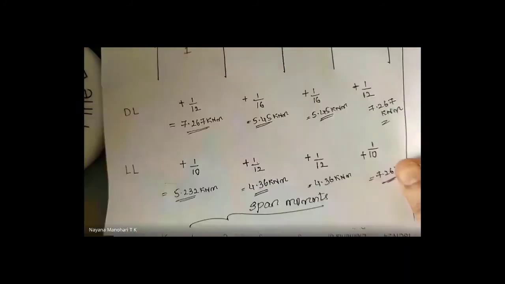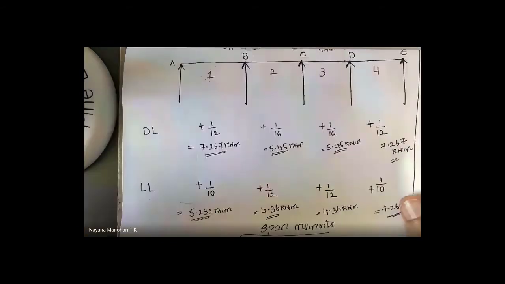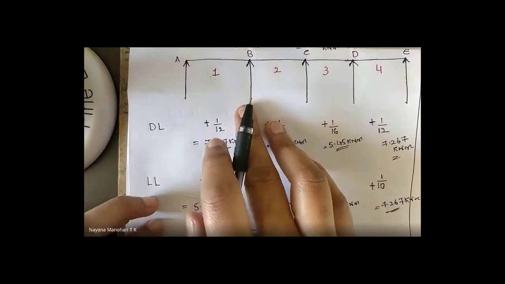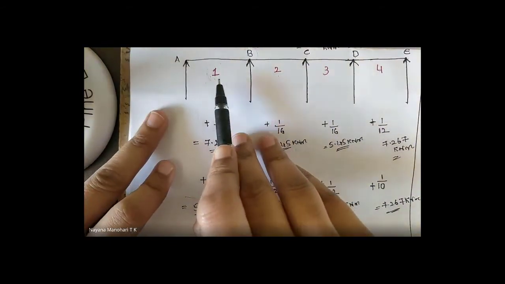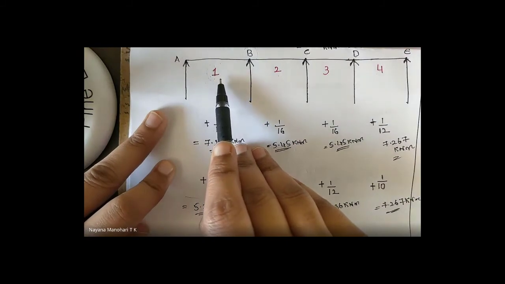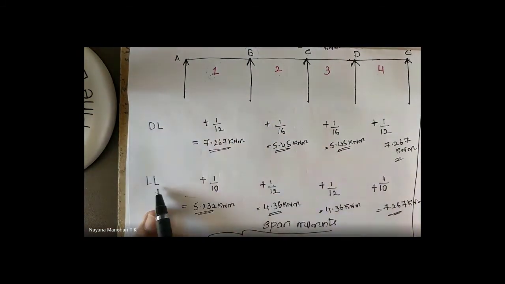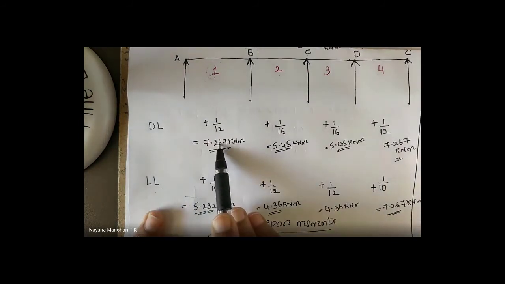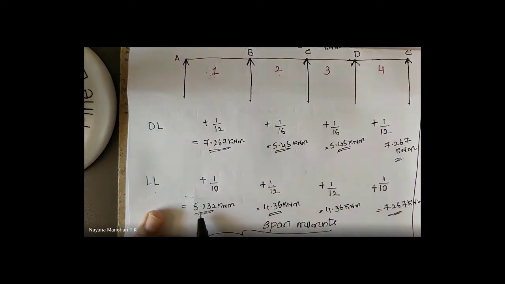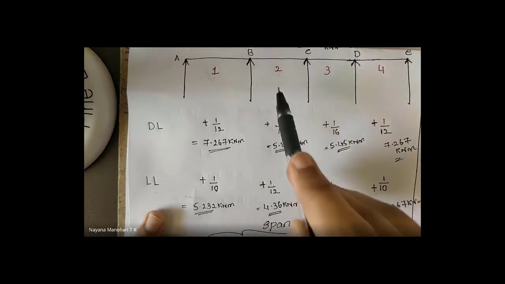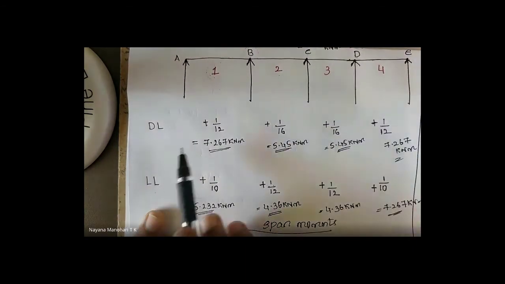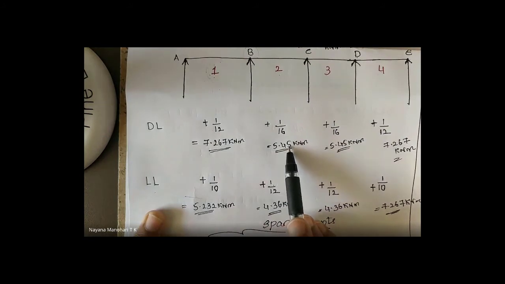Observe here. That is the span moment. That is, write down mu at 1, add dead load moment and the live load moment, that is 7.267 plus 5.232. Similarly, mu at 2, dead load moment is 5.45 plus live load moment is 4.36.